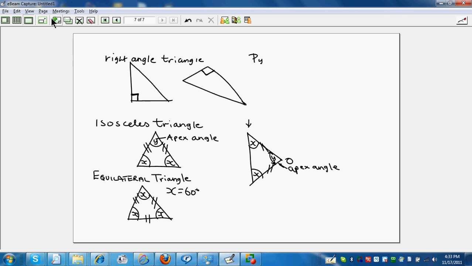Pythagoras' theorem says that in all right angle triangles, and only right angle triangles, it doesn't hold for other triangles, the hypotenuse squared is equal to the sum of the squares of the other two sides.